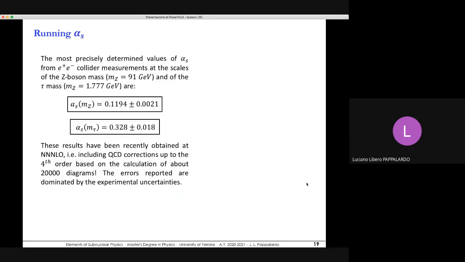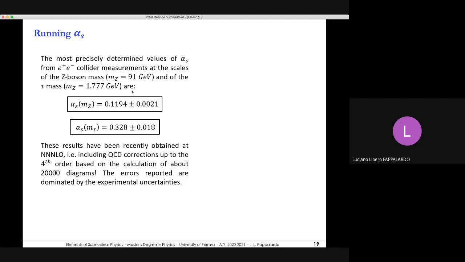The value of alpha strong has been measured at different energy scales, just to test this QCD prediction, that indeed the color charge is anti-screened. Let me show you the most precise values that we have today of the alpha strong value at two different energy scales. The energy scale of the Z boson, which corresponds to the mass of the Z boson, 91 GeV, so a large value, and the constant is of order 0.1.